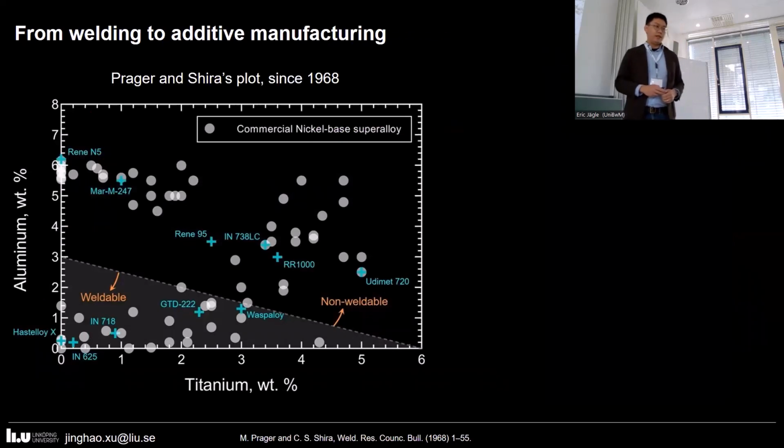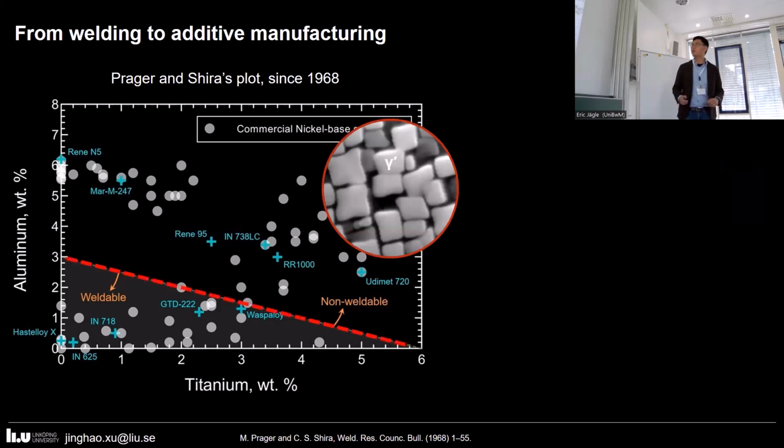From the welding community of nickel-based superalloys, in the textbook, people in the industry refer to this diagram, putting the aluminum and titanium amounts in weight percent to judge a superalloy's weldability. If an alloy sits at the top right corner, it is considered non-weldable because of the high strain age cracking susceptibility.